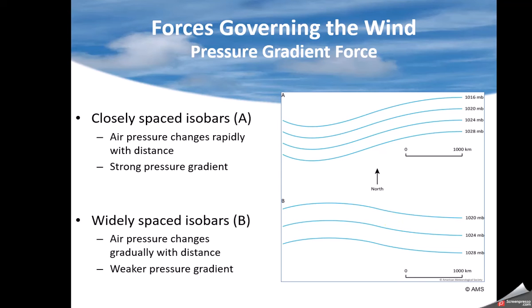Less pressure gradient, slower, could be a walk almost, with the air moving down the slope. One of the easy ways to tell how the winds are going to be at your house is to take a look at a surface weather map. If the air pressure lines are close to each other, watch out. It's going to get pretty windy. By the same token, if they're pretty far apart, you probably won't have that much wind.